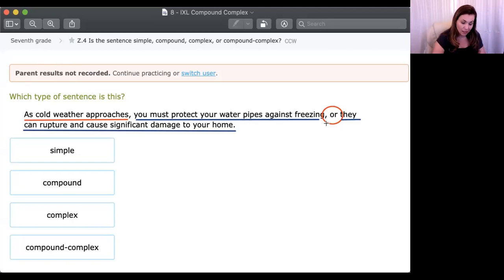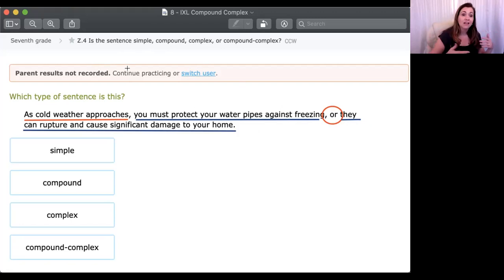Now we have a comma and the coordinating conjunction or, and then we finish with another independent clause: they can rupture and cause significant damage to your home. So these two independent clauses with the comma and the or create a compound sentence. But because we started this sentence with as cold weather approaches, and that is a dependent clause, we've upped the ante and made it a compound complex sentence.